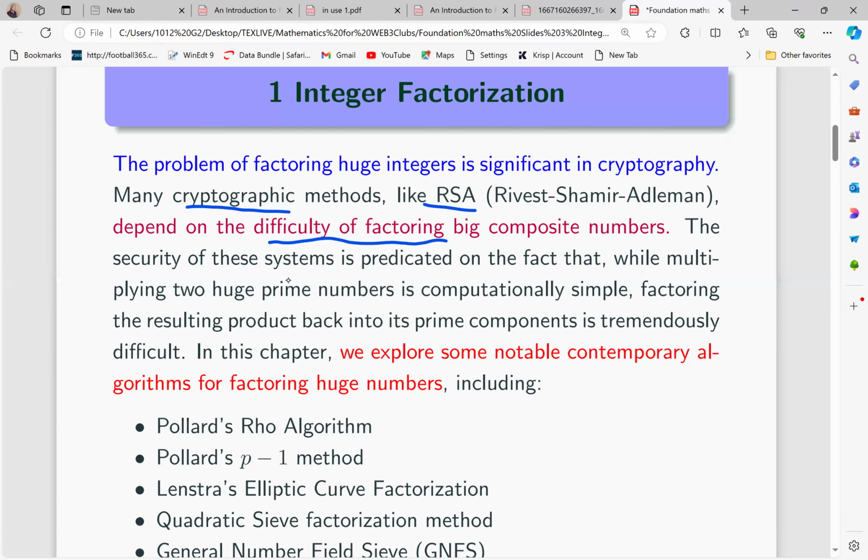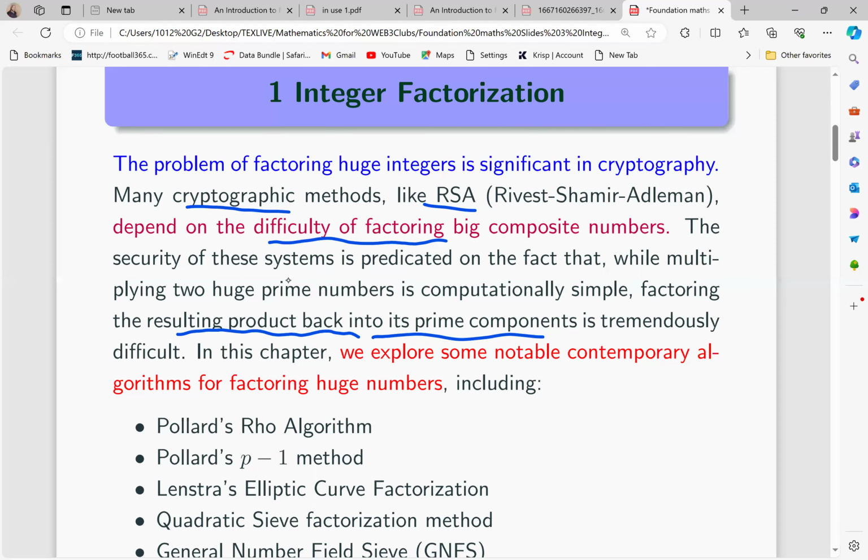They know that it's easy to multiply two prime numbers together, but very difficult to factorize back to the prime numbers. So that is what they do.